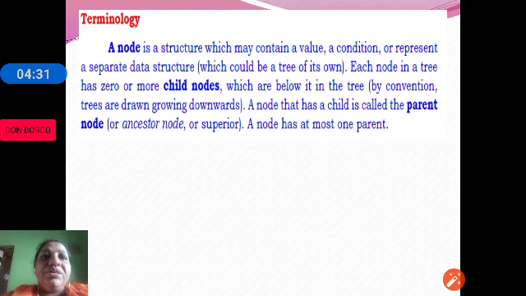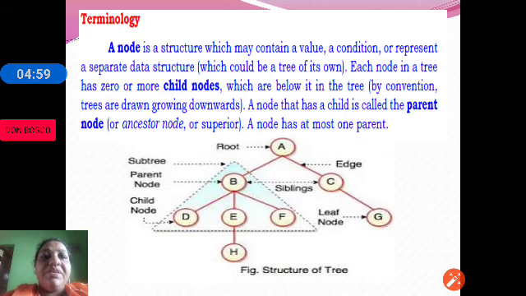Node. A node in a structure contains a value or a condition, or it represents a separate data structure. Each node in a tree has 0 or more child nodes, which are below in the tree and downwards. A node which is above is called the parent. One parent can have many child nodes.